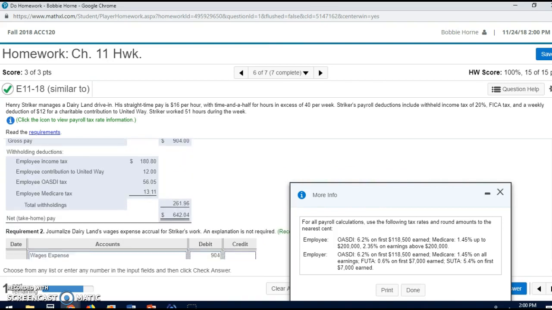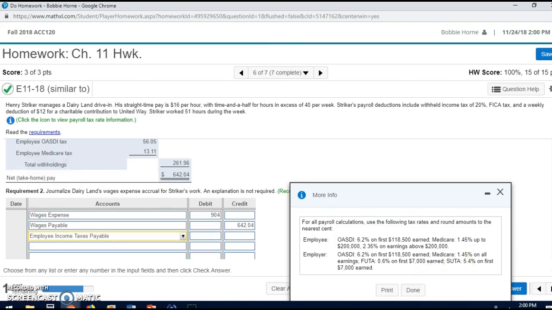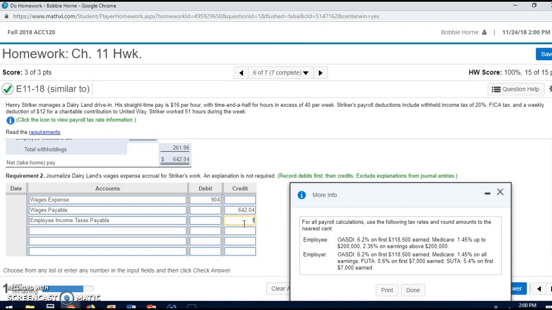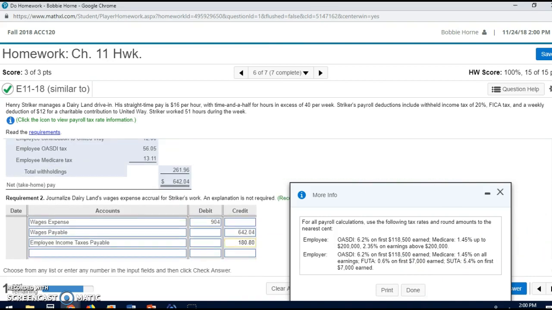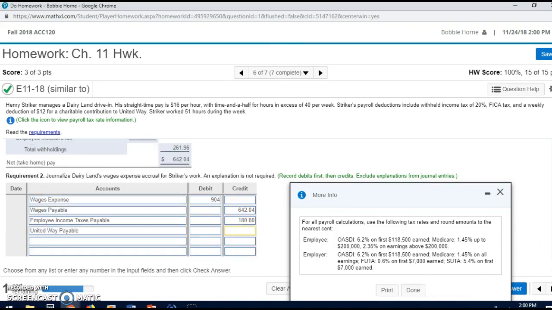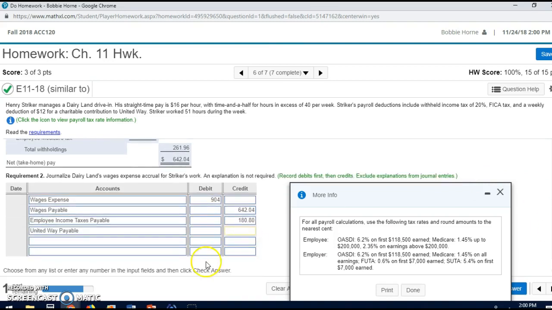So we're going to credit income tax payable because we're going to pay that. We took it out of their check, and now we're going to pay that from their check for their income taxes. And then the next thing we had was the United Way payable, which was $12.